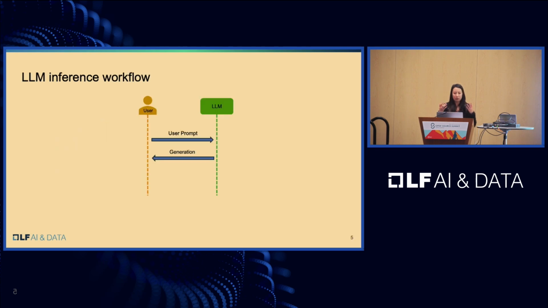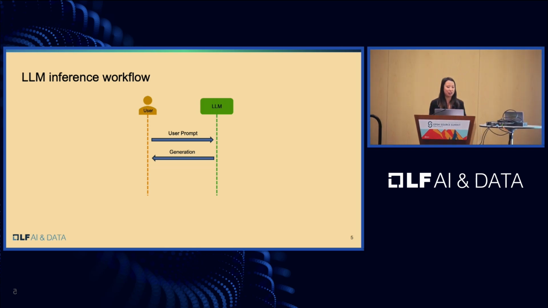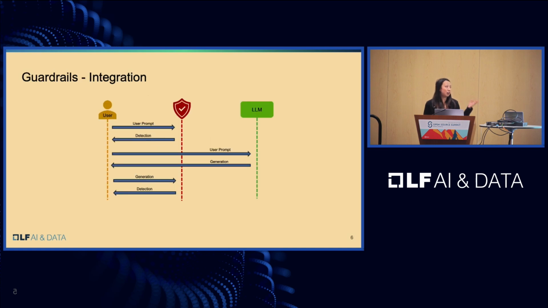Before we talk about adding guardrails to the LLM inference workflow, we just want to go over what area of the model lifecycle I'm talking about. To start, the user just gives a user prompt, and the LLM returns a generation. When we add guardrails, we add a little bit more to the inference workflow.